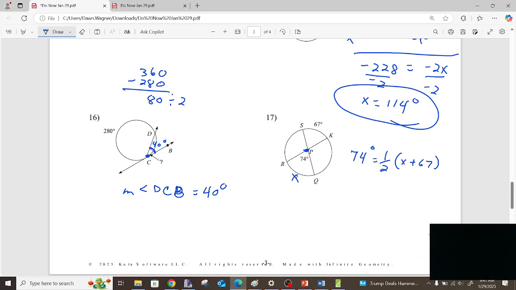Okay, so how do I solve for x now? I'm going to multiply by 2. And that cancels out this half, right? And you get x plus 67 is equal to, what's 74 times 2? 148. And then you just subtract 67 on both sides. And that will give you your final answer.